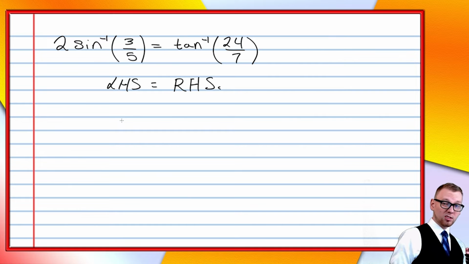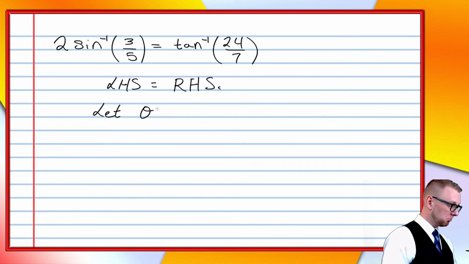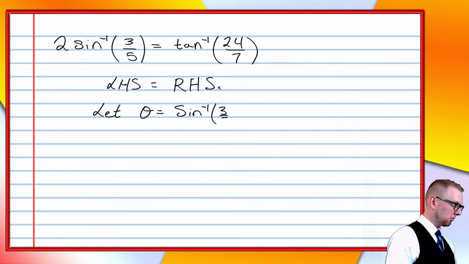Okay, first thing we're going to do is let theta equal sine inverse of 3 over 5. Not a big deal. Then if we take the sine of both sides, we have sine theta is equal to 3 over 5.